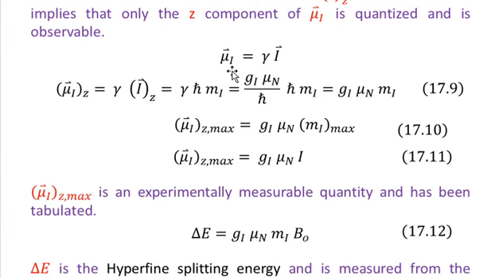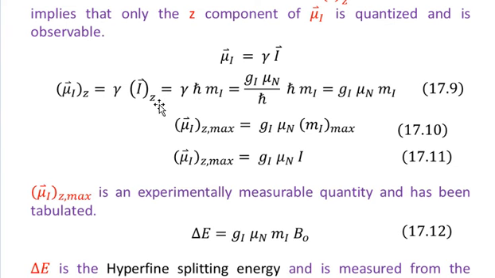Now let's start with the equation mu I is equal to gamma times I. This is what we have discussed earlier. Now I am considering the z component of this equation. So mu Iz is equal to gamma into Iz. In the first step I have taken the z component of these two quantities. And gamma times Iz will be equal to gamma into mi h bar, or you can write it as h bar into mi.